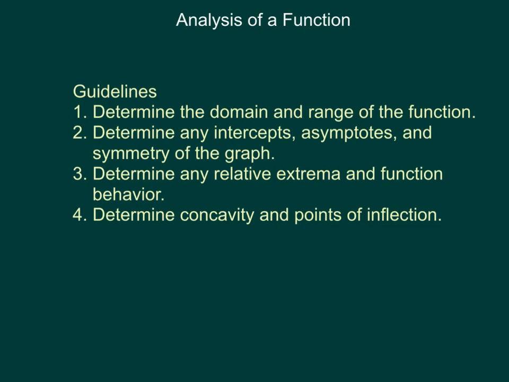So what we're going to do to analyze this function, the first thing you have to do is determine the domain and range of the function. Identify values for x that you can use and what you can't use, and think about what y values are going to come out of this. The second thing you want to do is determine any intercepts, that would be x-intercepts and y-intercepts, the asymptotes, either vertical or horizontal, and then any symmetry that the graph might have.